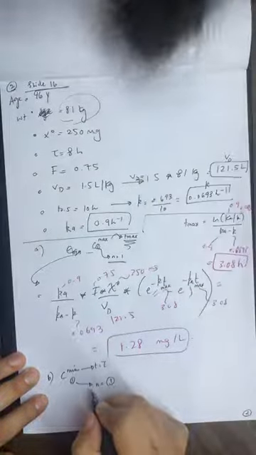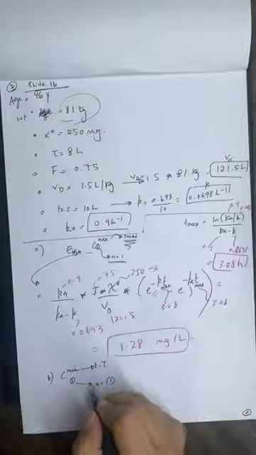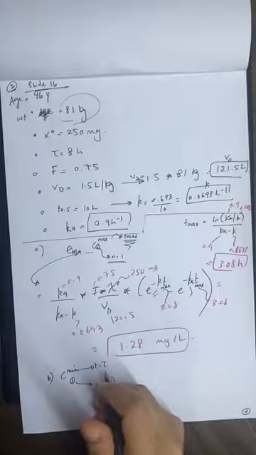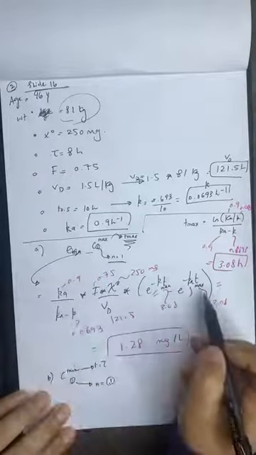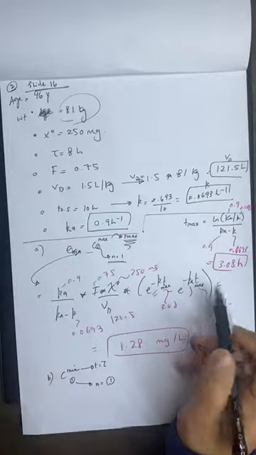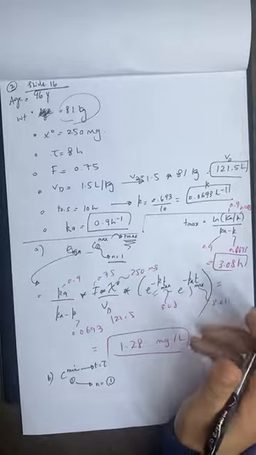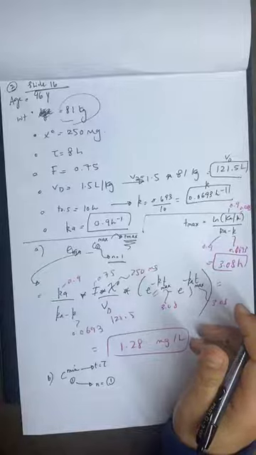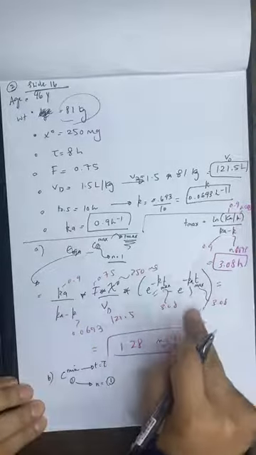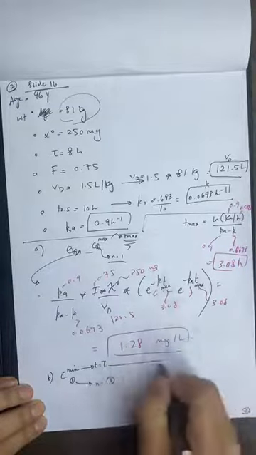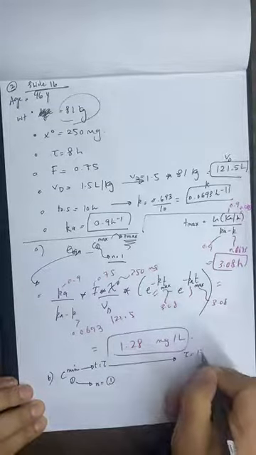Okay. So the same thing is here, but you need to use T equal to tau. Okay, so go and use the same thing, but just add tau equals to 12 hour.